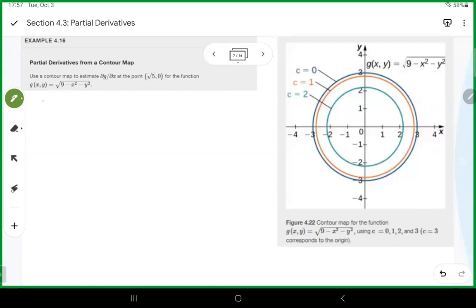So that would be 2 equal to the square root of 9 minus x squared minus y squared. And then we have a red, which would be 1. And then a blue, which would be 0. So c equal to 3 is just the origin.